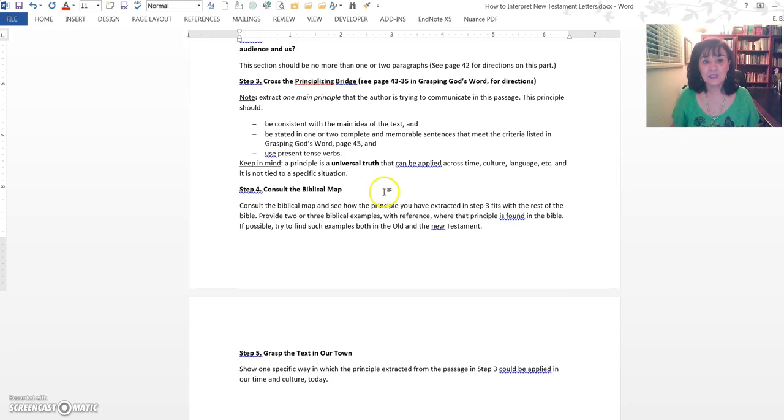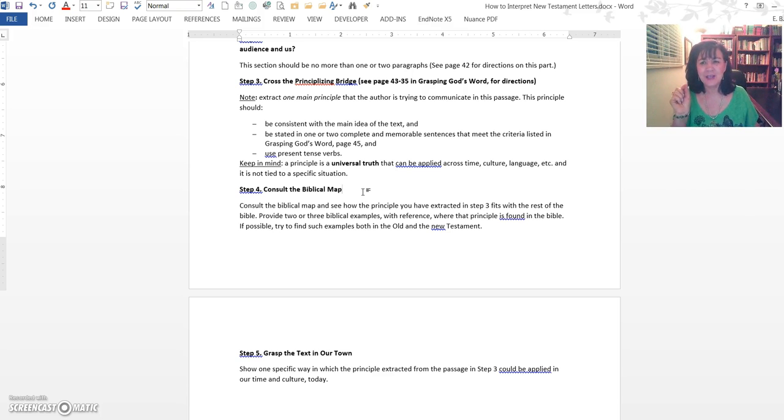So that's consulting the biblical map. Make sure that the principle you have extracted is deep, is profound, it qualifies those criteria that are in the textbook. Go back and study that chapter.